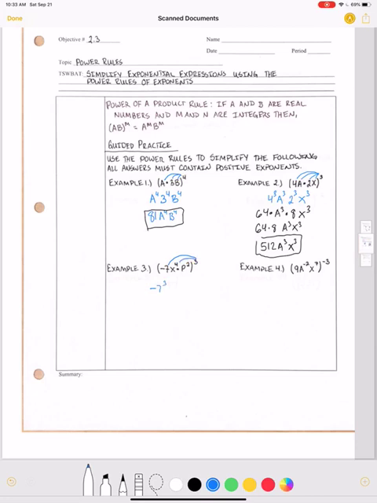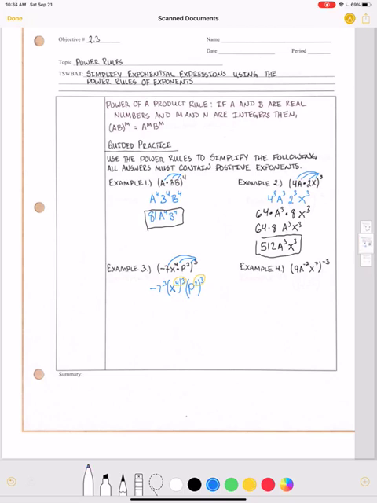And then I have x to the 4th raised to the power of 3. And then I have p squared raised to the power of 3. So I have the power of a product rule, but I also have the power rule going on. I have to take these exponents and multiply them.